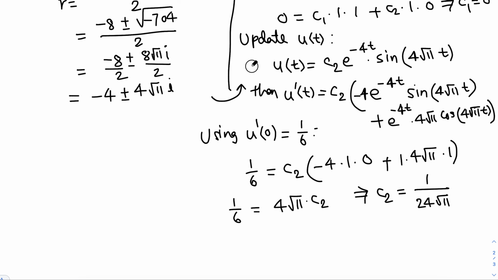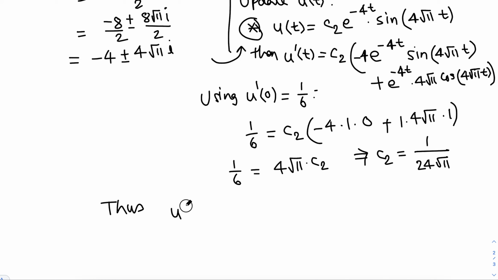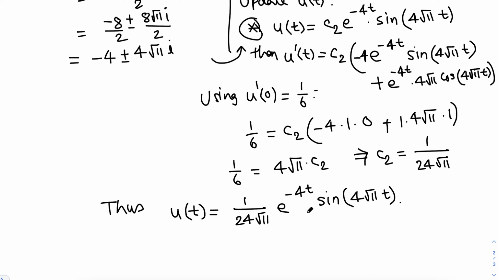So here is the solution. That is the displacement at any time t with this C2. Thus u of t equals 1 over 24 root 11 e raised to negative 4t sine 4 root 11 t.